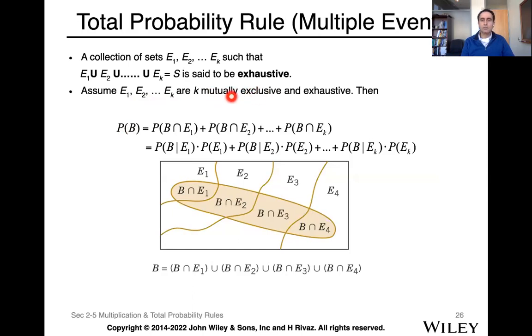Remember, mutually exclusive means that they have zero intersection, right? So if you look at E1 and E2, they don't share anything. Their intersection is an empty set. Similarly, E2 and E3, right? So now no two of these four events have any intersection.